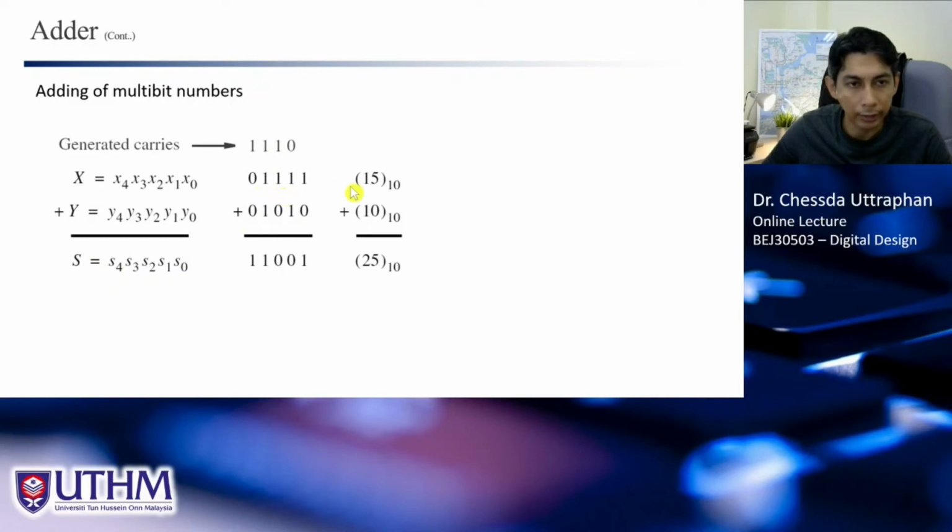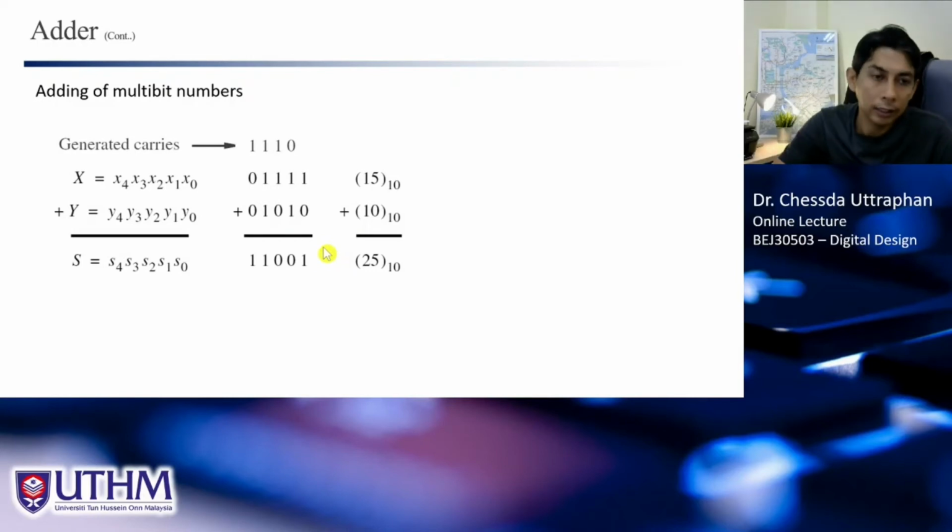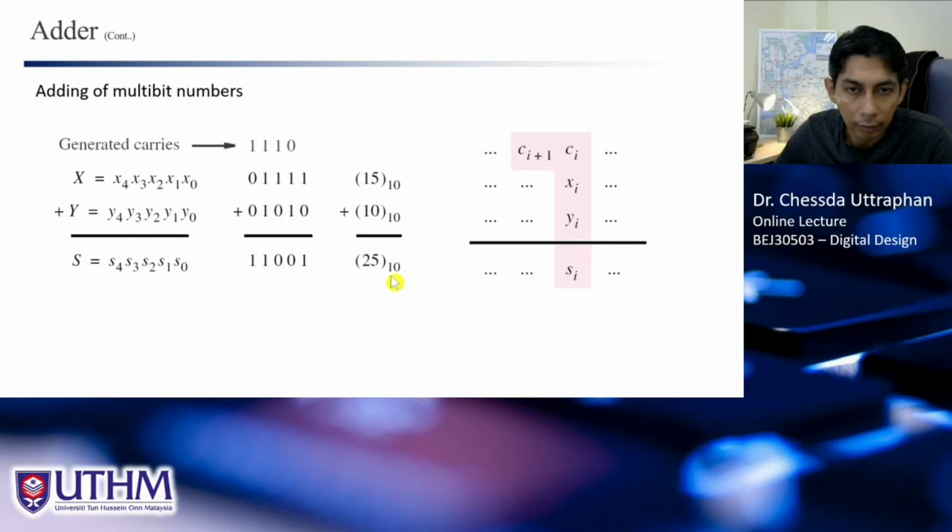If x is equal to 15 and y is equal to 10, and we add in binary, we have something like this, right? When we observe here, we can represent this position as something like this, where this is xi, this is xi plus 1, this is yi plus 1, this is si plus 1, and so on.